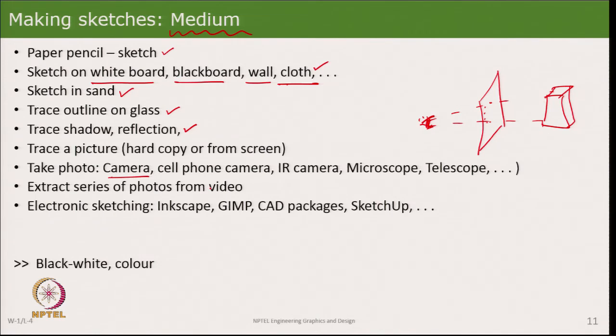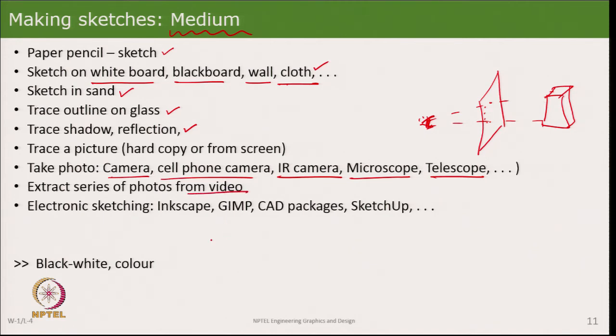So, a camera or a cell phone camera gives you a visual drawing. Much more exciting things happen when you look at an infrared camera. It gives you a pictorial representation of the temperatures on a surface. Microscopes and telescopes show you a world which is not visible to the eye at all. So, you get a lot of exciting ways of making a picture.